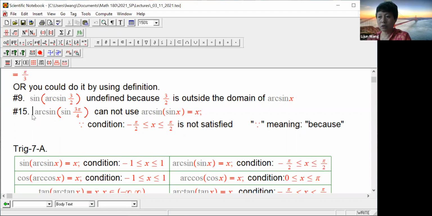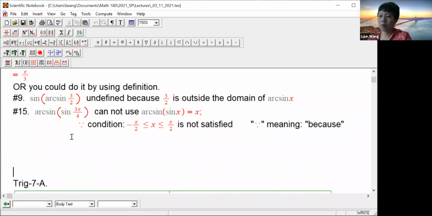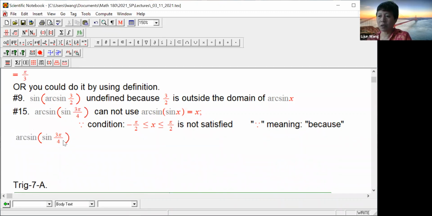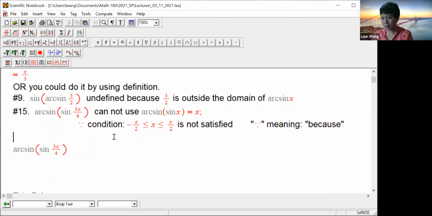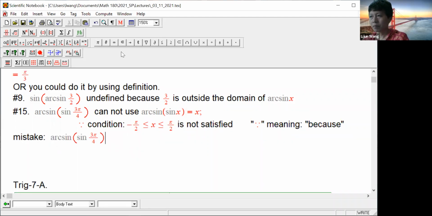Okay, so what can you do? In the past, some student will tell me, oh, this is undefined. That reason is ridiculous because sine is defined everywhere. Okay. Another mistake I saw in the past. Okay, I'm just trying to point out as many things as possible. Okay.